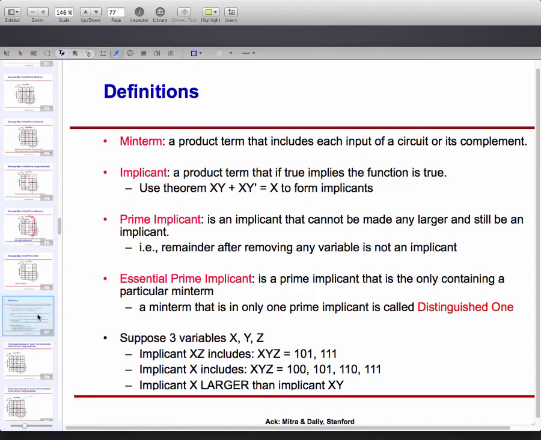Okay, so we'll just write it down here. Let's say I have a function which takes 4 inputs, A, B, C, and D. And let's say the function is true for A, B bar, C, D, and the function is also true for A, B, C, D. Both of these are minterms.